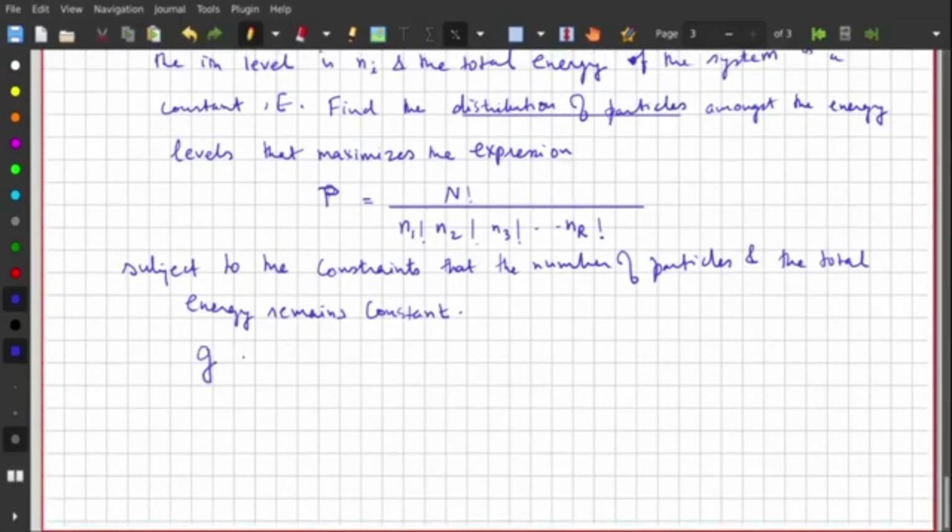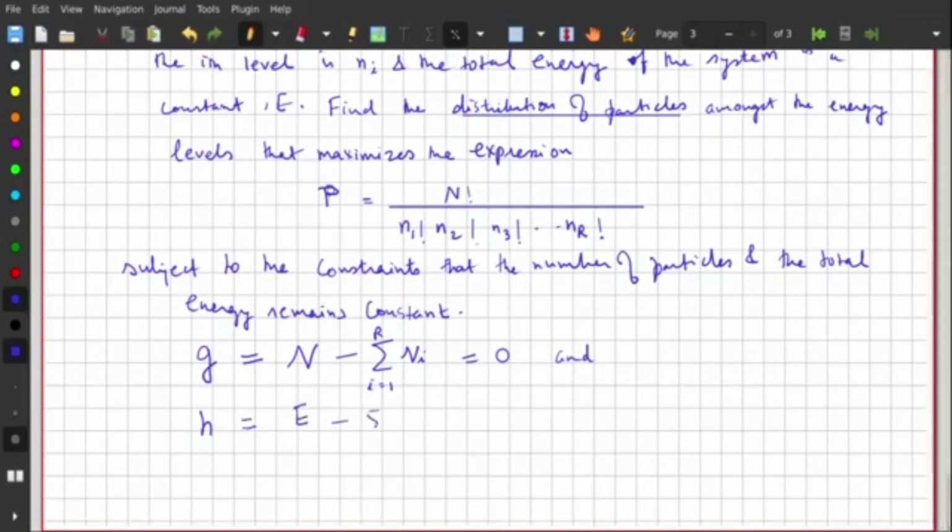Let G equal n minus the sum over i equals 1 to r of n_i, and that condition needs to be zero. That's one constraint. And the other constraint is H equals E minus the sum over i equals 1 to r of n_i E_i equals 0.